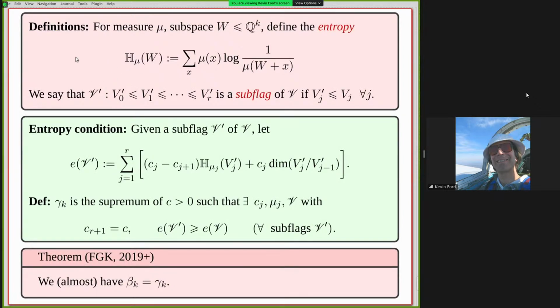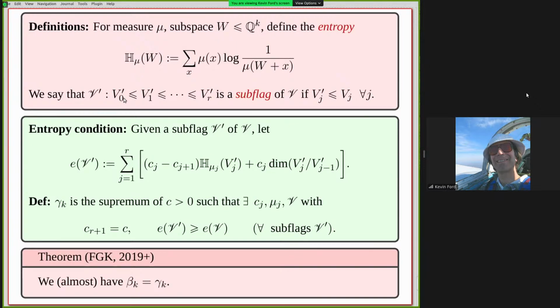When we ran our upper bound and our lower bound for beta k, they both required us to look at something called the entropy of a subspace, which is essentially you sum over all the cosets x, and this is the usual entropy function. We also wanted to look at what we called subflags. That turned out to be very important in the analysis.